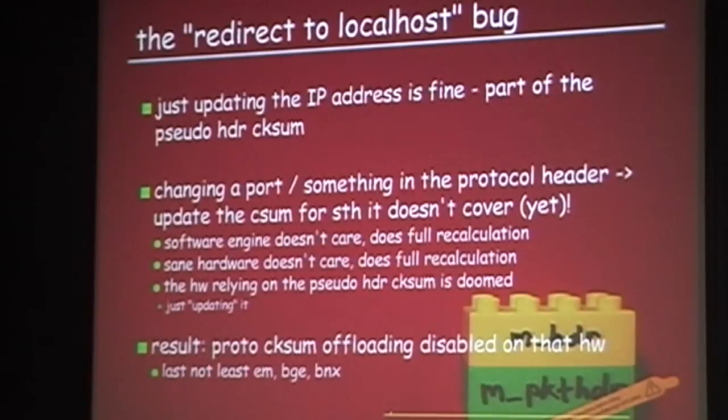So those packets will be thrown away by the destination host because the checksums don't match. The result of that is that we had to disable protocol checksum offloading completely on these cards because, well, that's just broken. And that, last not least, is EM, BGE, and BNX as in 90% of the server market.